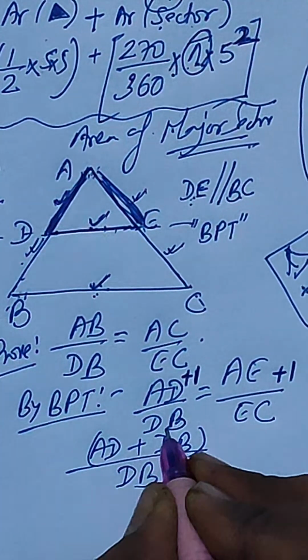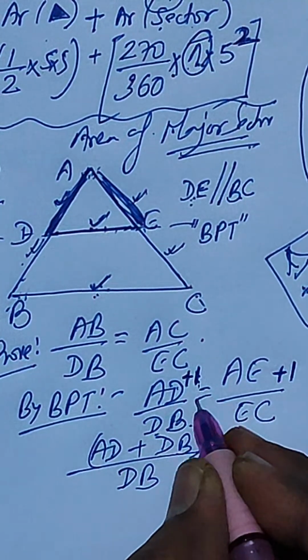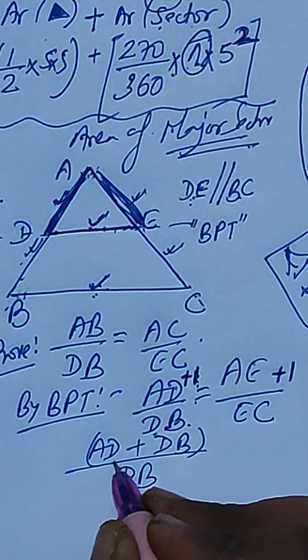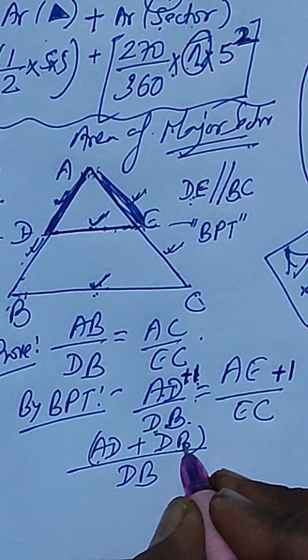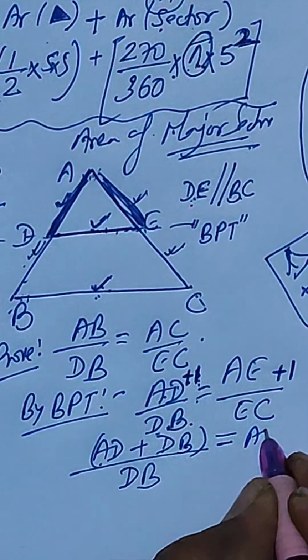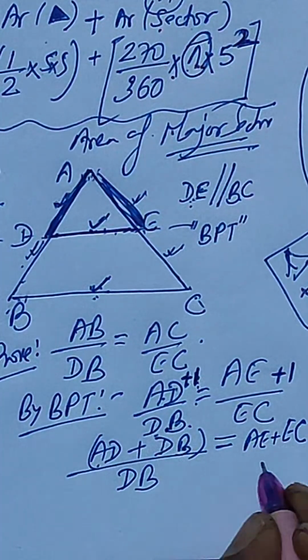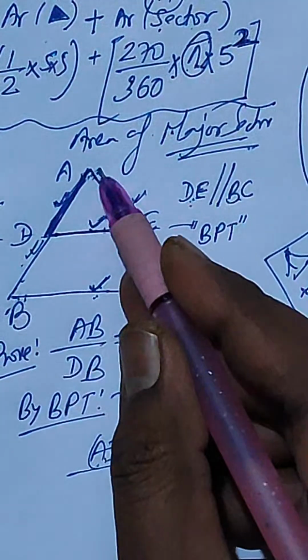Similarly, here it will become AE plus EC in the numerator divided by EC, and AD plus DB is nothing but AB.